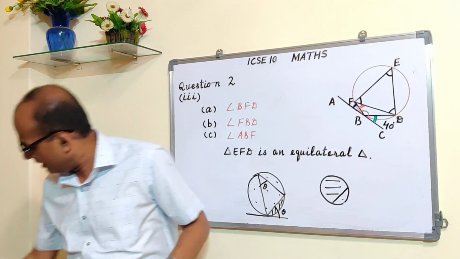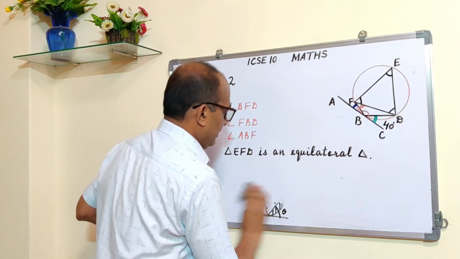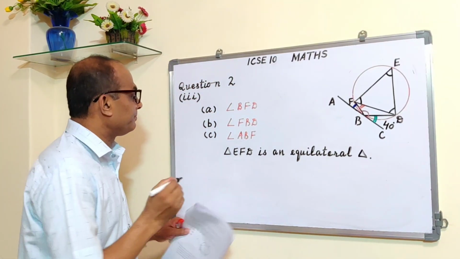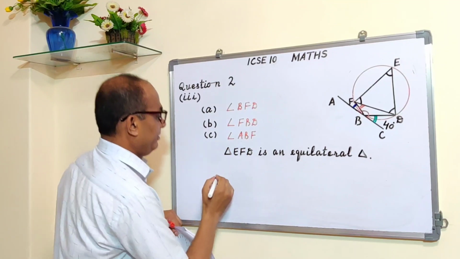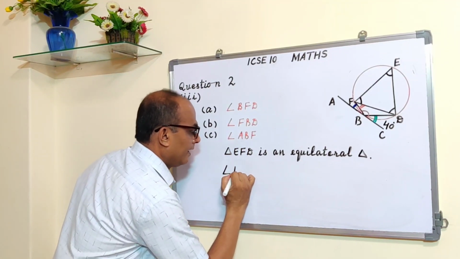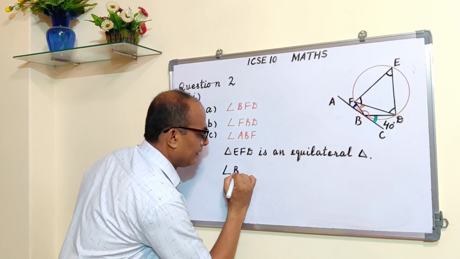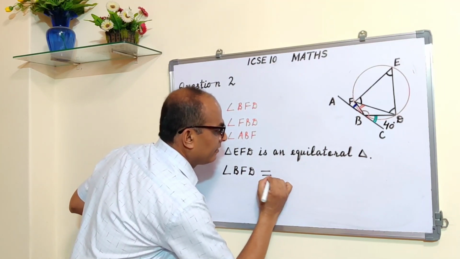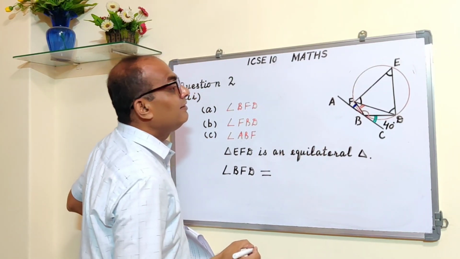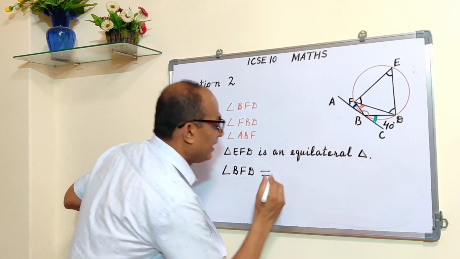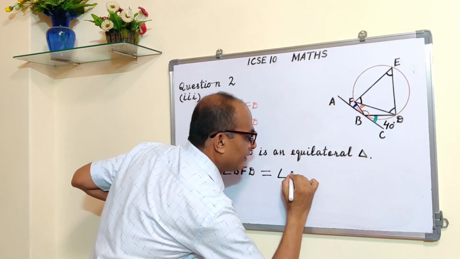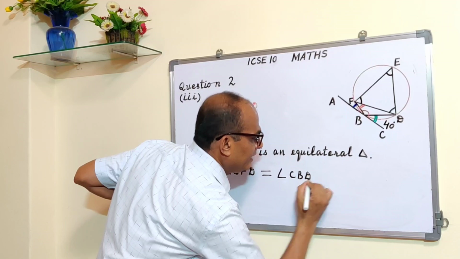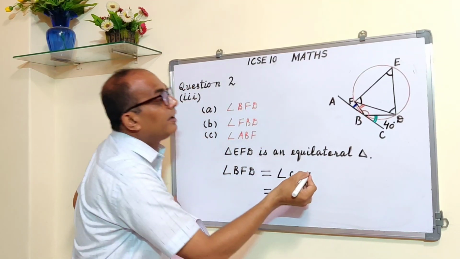Is that fine? Clear? So for the first part, we can directly write down: angle BFD is equal to angle CBD. Why this?